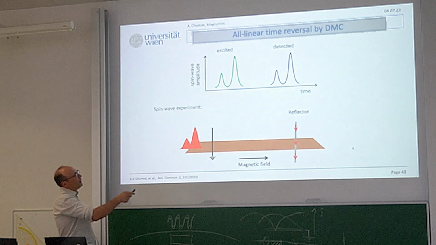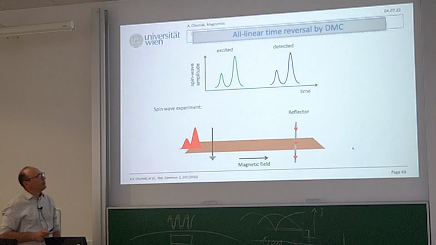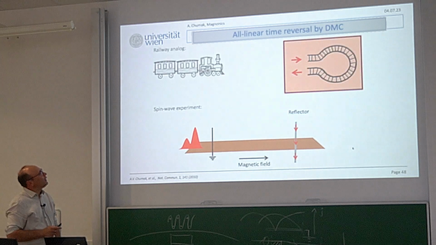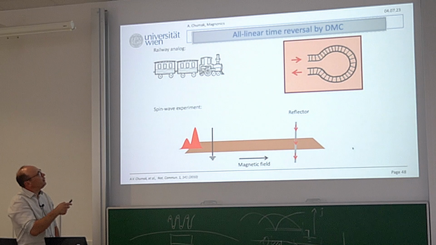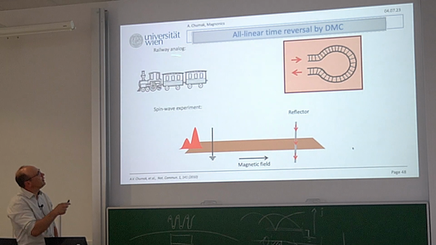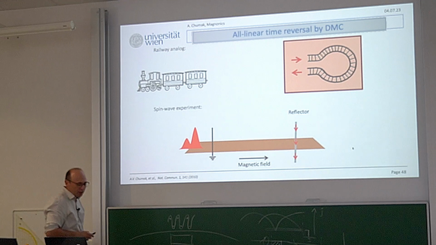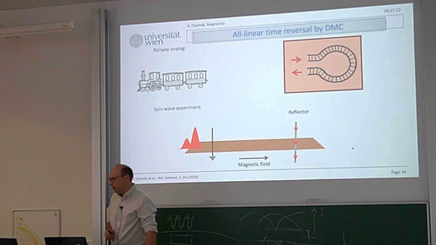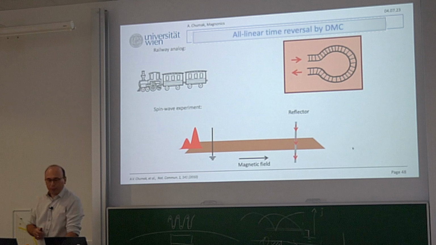That's why it's symmetric. It's a standard picture. What happens if you have an analog of a train? It behaves like this. It's just standard reflection from mirrors. That's what we see every day in a mirror.